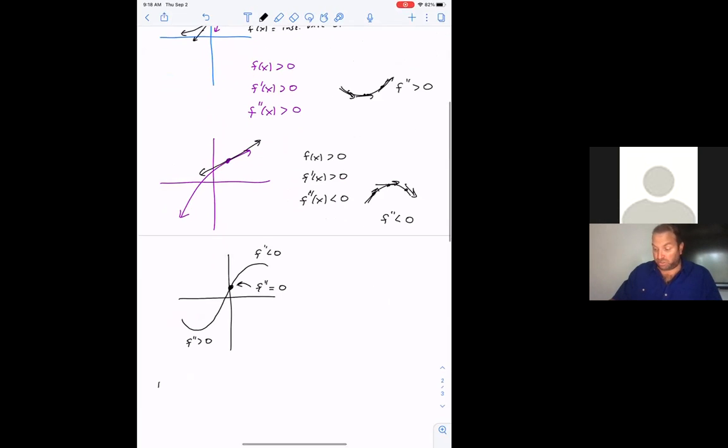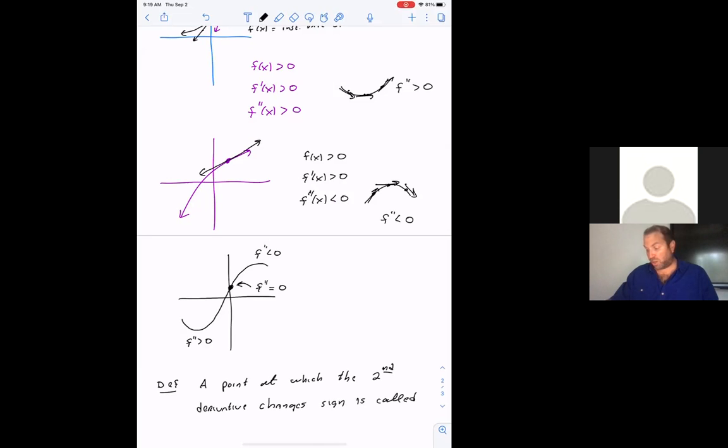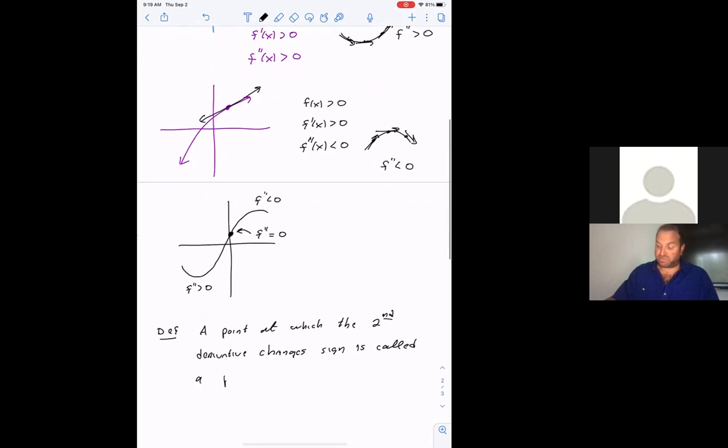So, definition: a point at which the second derivative changes sign is called a point of inflection.